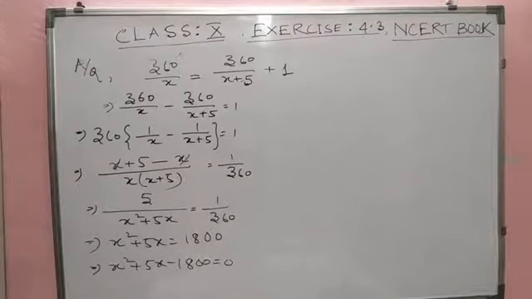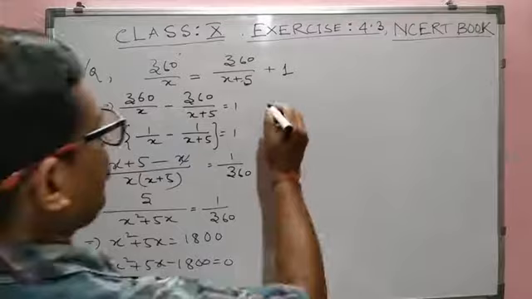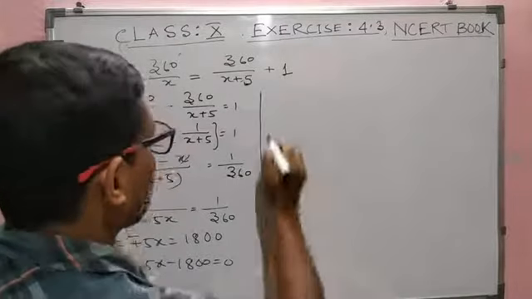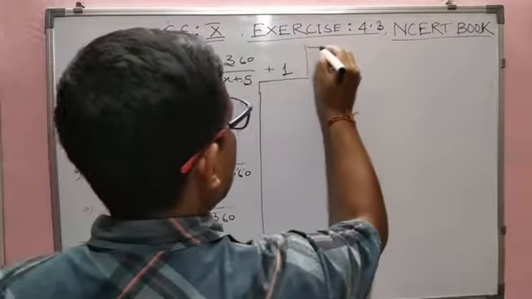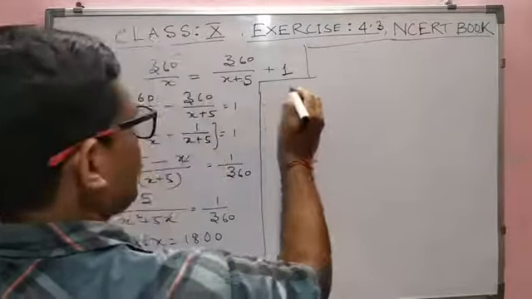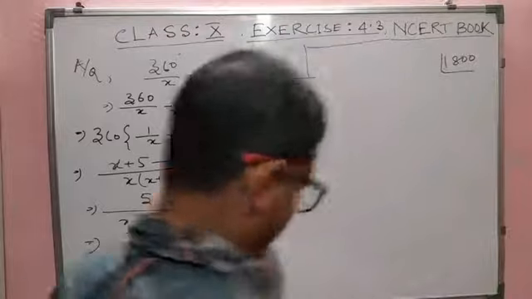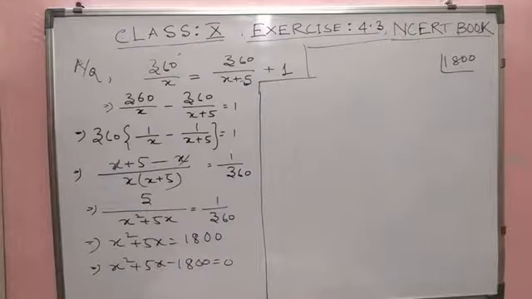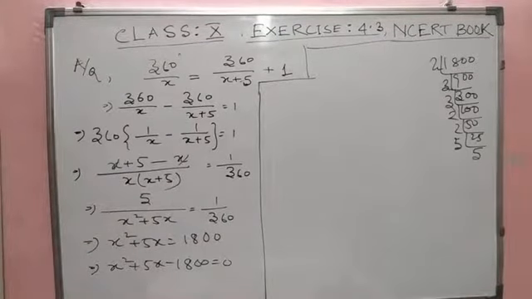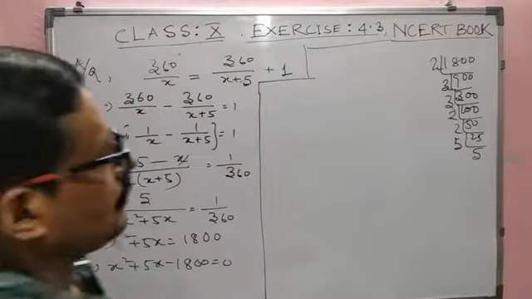Now let us do the middle term factorization. What we get now? On middle term factorization we get, so here 1800, let us break 1800.